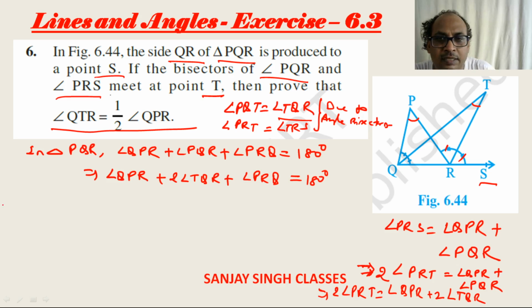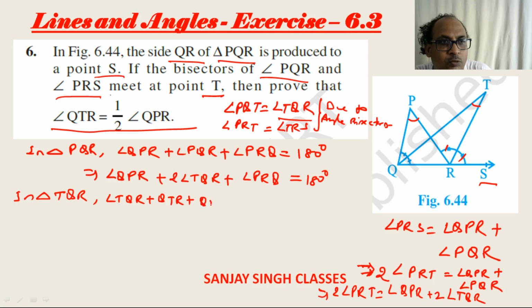Right. Now in triangle TQR, again angle TQR plus angle QTR plus angle QRT will be equal to 180 degrees.